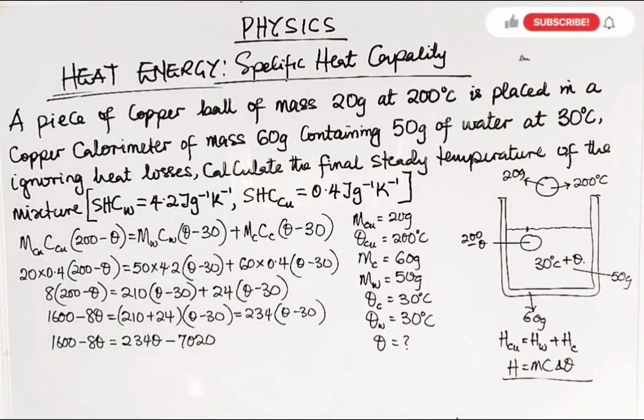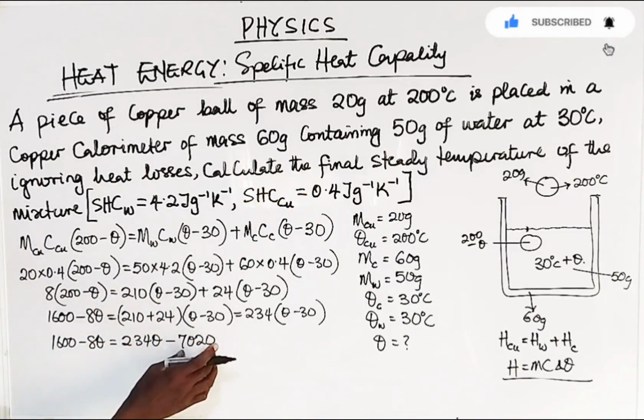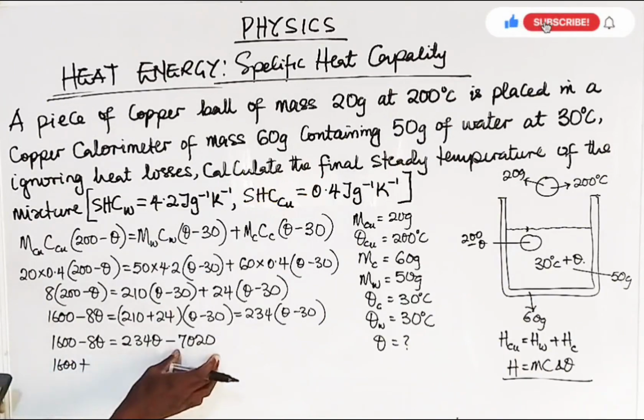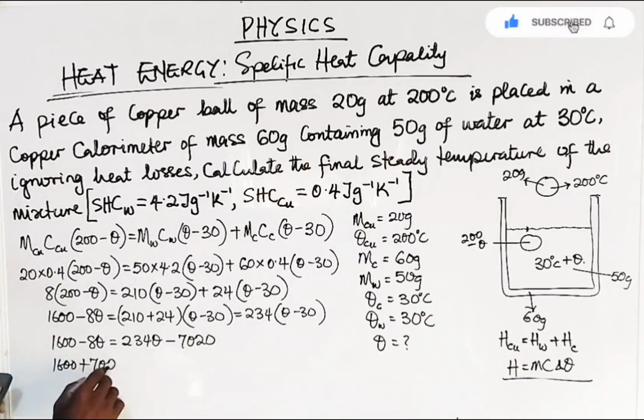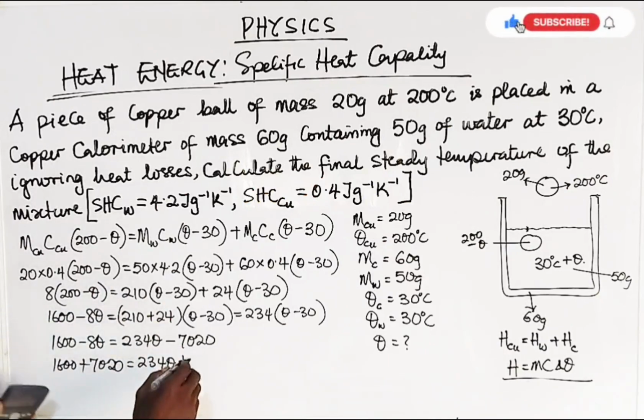Let us now collect like terms: theta with theta, whole numbers with whole numbers. Bring 7020 to the left-hand side, and it becomes plus because it has a minus here. 8 theta is having a minus here, and as it moves over it becomes plus.